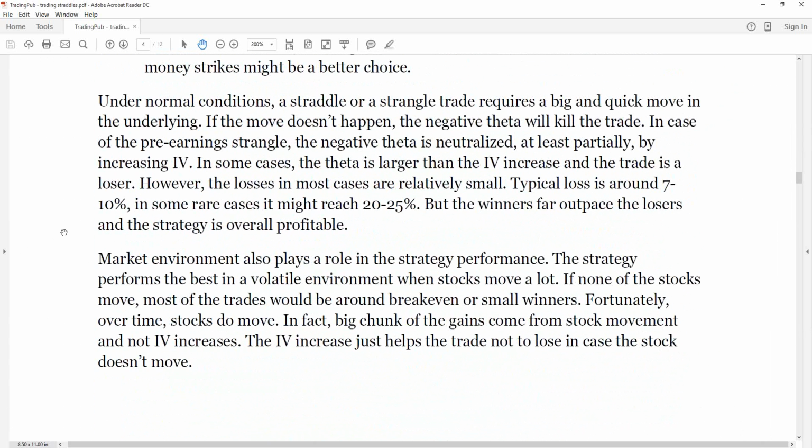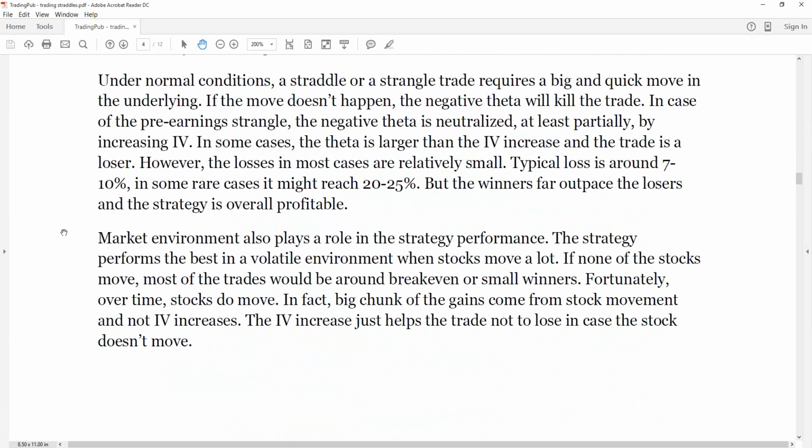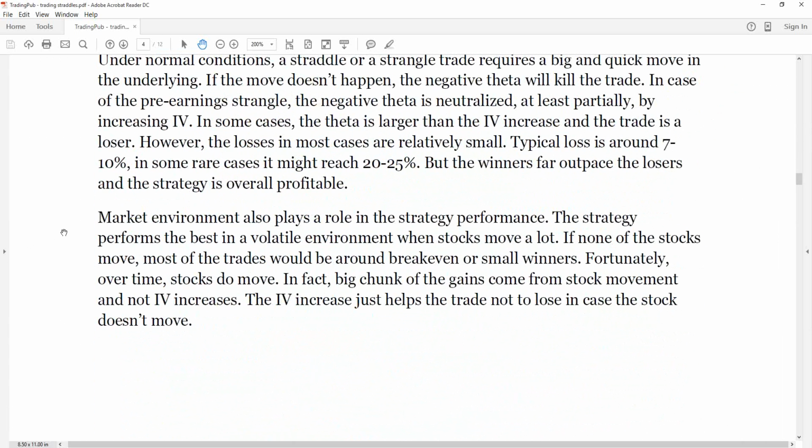Now, in some cases, the theta is larger than the implied volatility increase, and in this case, the trade will be a loser. However, the losses in most cases are relatively small. Typical loss is around 7 to 10%. In some rare cases, it might reach 20–25%.